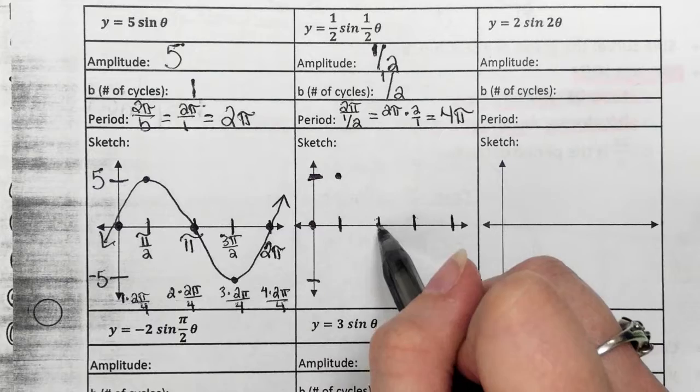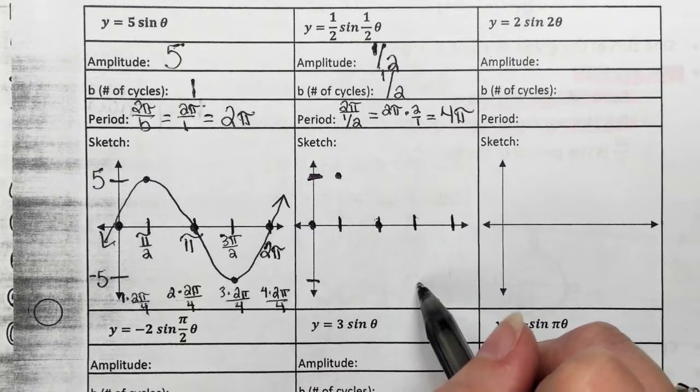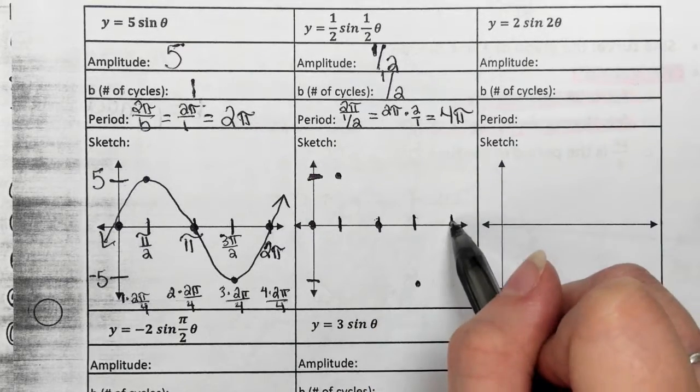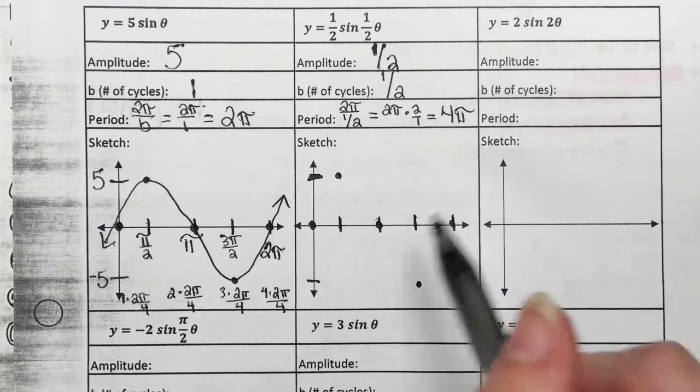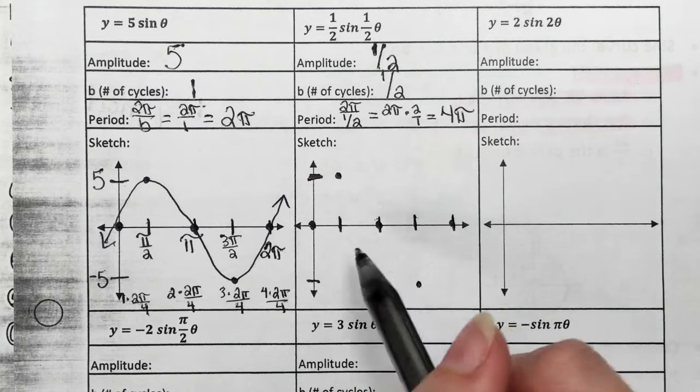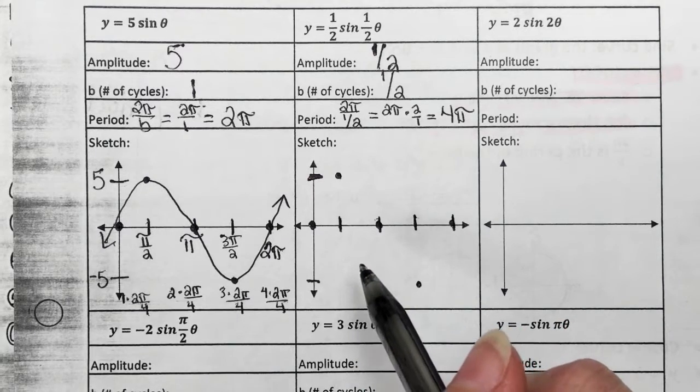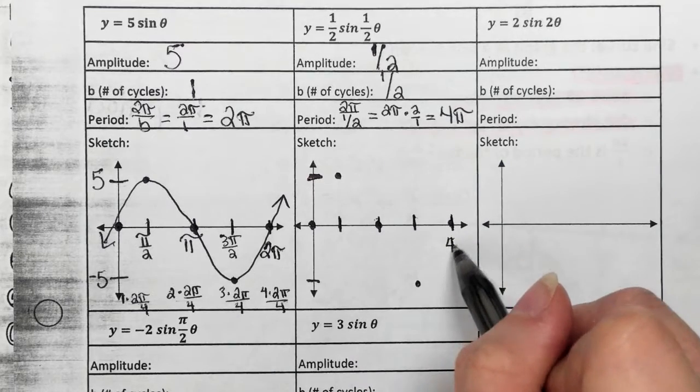Then it goes back to 0. Then it goes down to whatever your minimum is. And then back to 0. Same pattern every time. So if you're on a test, you can at least do that and get some partial credit, right? Yeah. All right, but most of this is I want you to make sure you can show me that you can label it correctly. So my period is 4 pi.